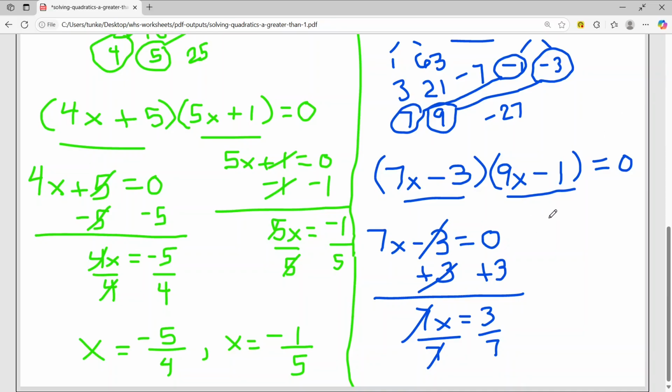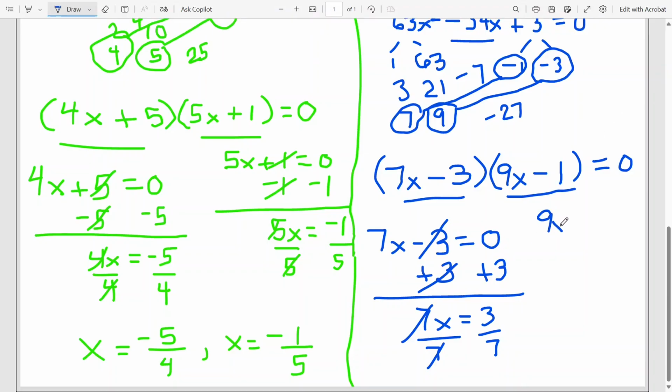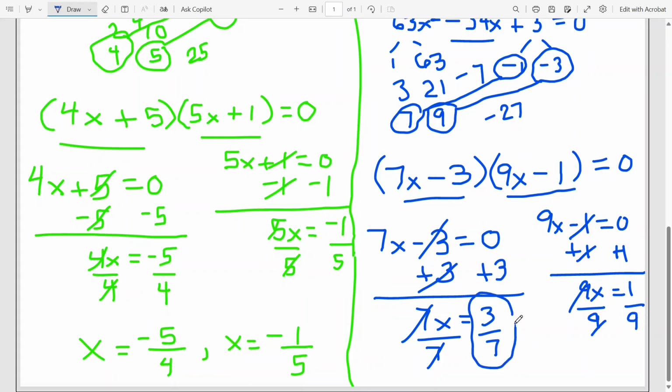And we'll also set 9x minus 1 equal to 0. We'll add 1 here to both sides. So 9x equals 1. Divide by 9. All right, so our solutions are 3/7 and 1/9.